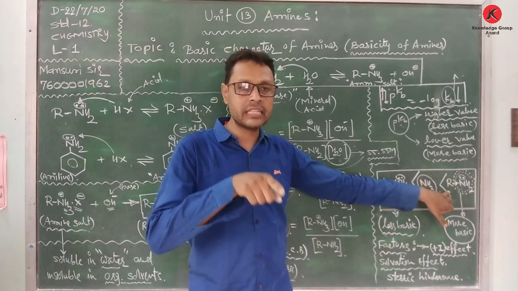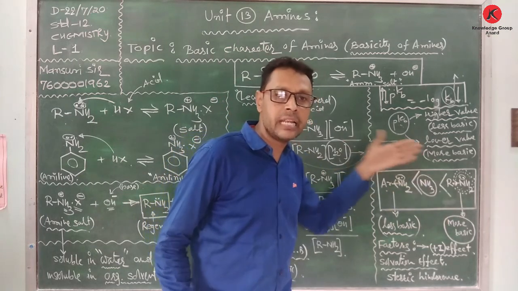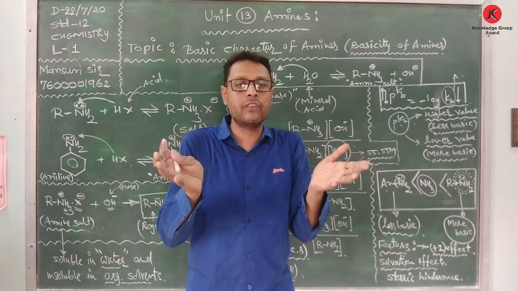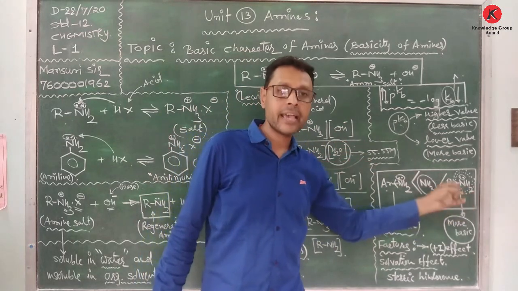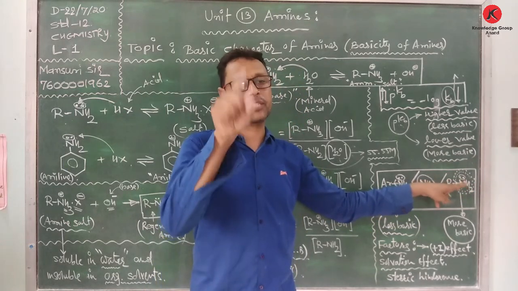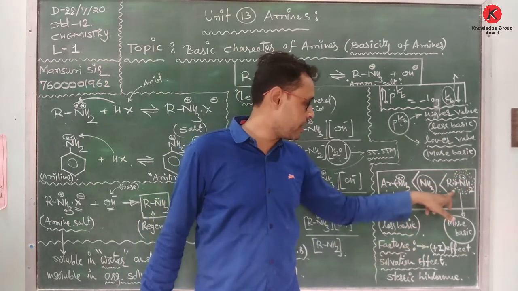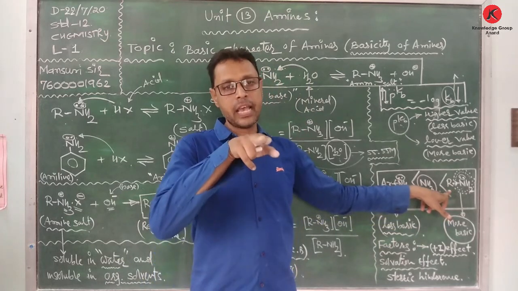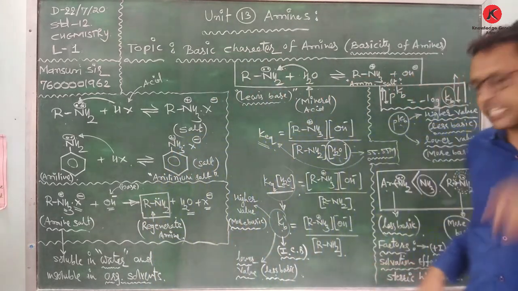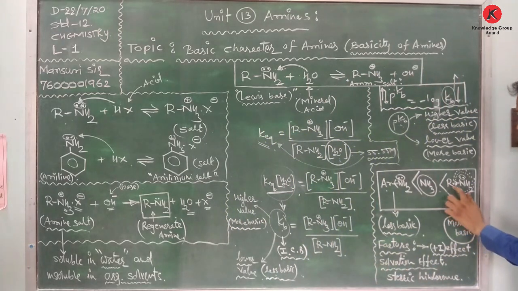That is why they donate electrons toward the nitrogen, so the electron density on nitrogen will be increased. That is why RNH2 behaves as a more basic substance. Repeatedly, R has an electron donating, electron releasing nature, so the density on nitrogen increases, and RNH2 becomes more basic.